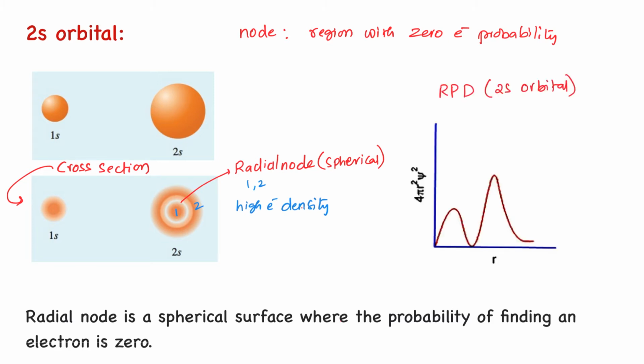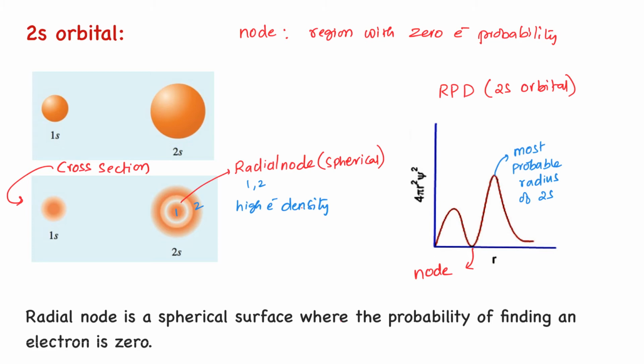If we look at the radial probability distribution plot, the radial probability increases first, reaches a peak, goes to 0 at the node, then increases again, goes to a maximum at the most probable distance for the 2s orbital, and then goes down again.